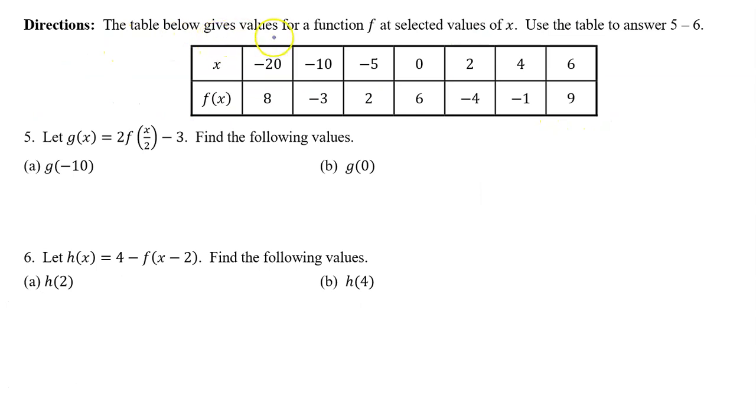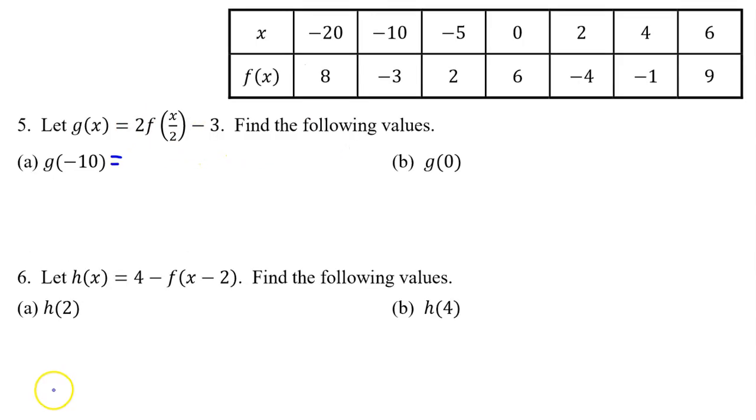The table below gives values for a function f at selected values of x. Use the table to answer 5 through 6. Number 5. Let g of x equal 2 times the function f at x over 2 minus 3. Find the following values.